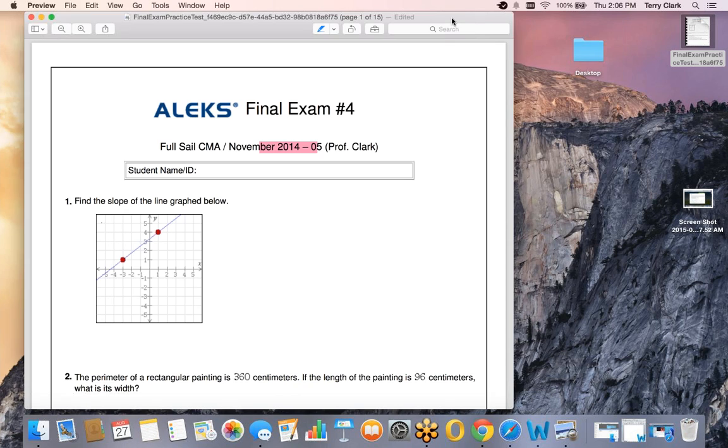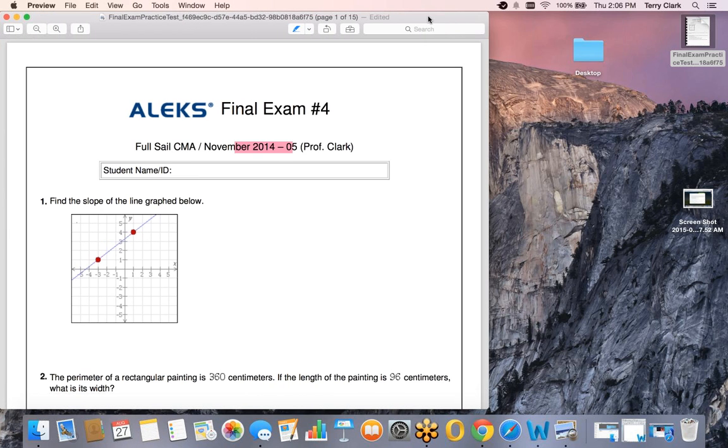I have a copy of the final exam pulled up, and what we're pretty much going to do is try to go through as many of the problems as we can before the time elapses.